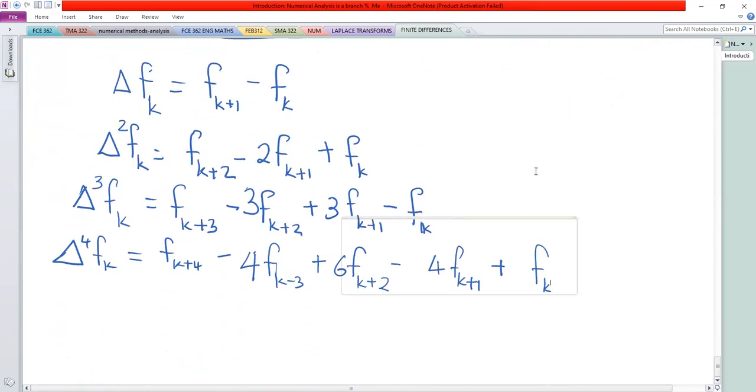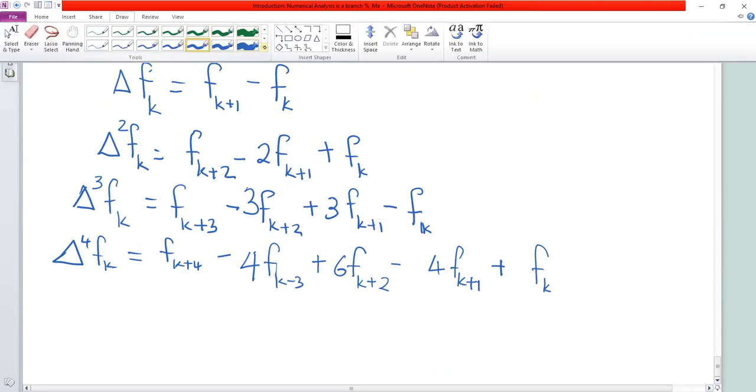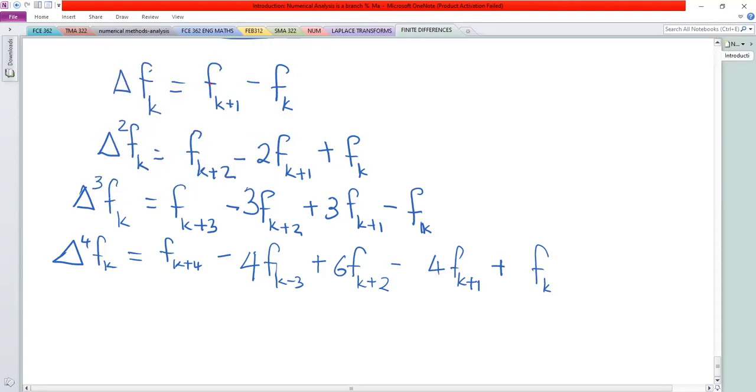So you clearly see that this is a pattern. The coefficient here is 1, coefficient here is minus 1. So this is 1, minus 2, 1, then 1, minus 3, 3, minus 1. So 1, minus 4, 6, minus 4, 1.